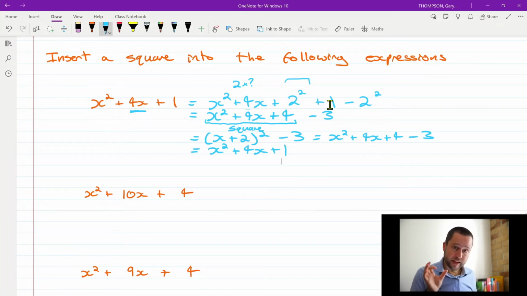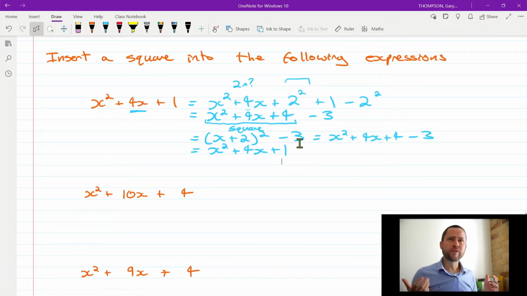But to maintain the value of the expression, so I didn't alter it, I had to balance it out by subtracting a 2 squared at the end. By creating the square expression, I could then factorize the original expression, x squared plus 4x plus 1, so that it is x plus 2 all squared minus 3, and I double checked my answer by re-expanding it.